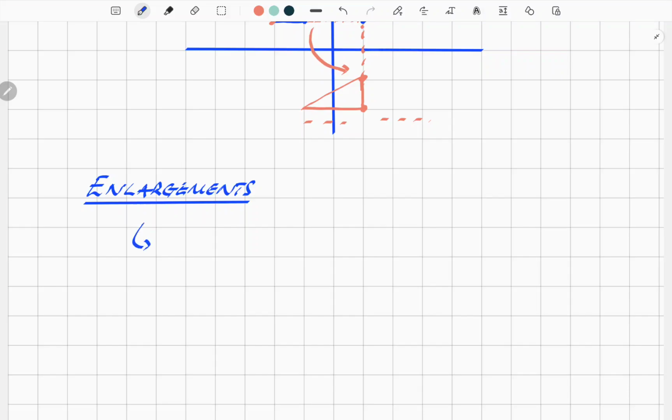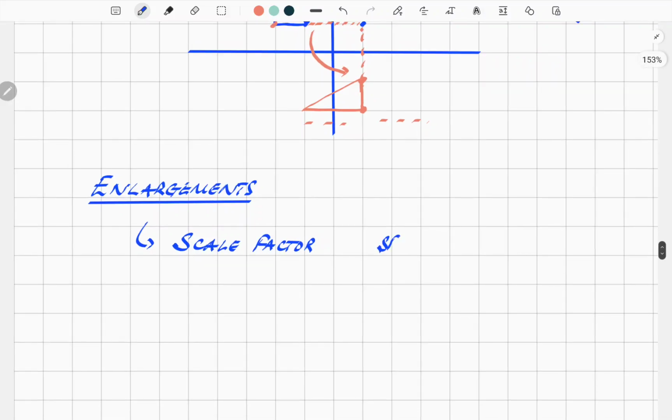You need a scale factor. Scale factor is how much bigger it is going to be for each length of the shape. So, for example, if I do a scale factor equals 2, it means everything's going to be twice as big.